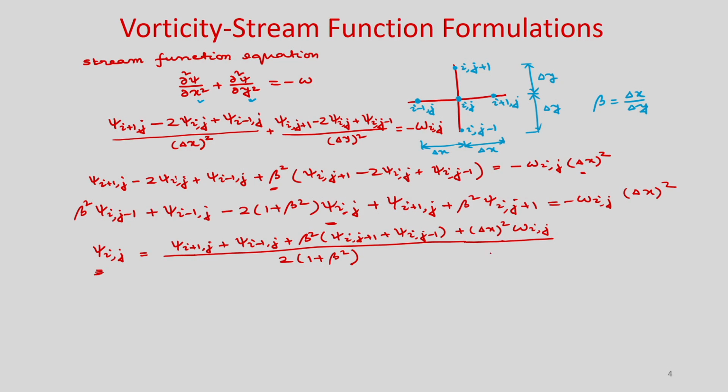So, here you can see that although you are solving for psi, you have to know the value of omega, and this omega you have to get from the vorticity equation. You can see that these two equations are coupled, because when you are solving the stream function equation you need to know the value of vorticity omega.